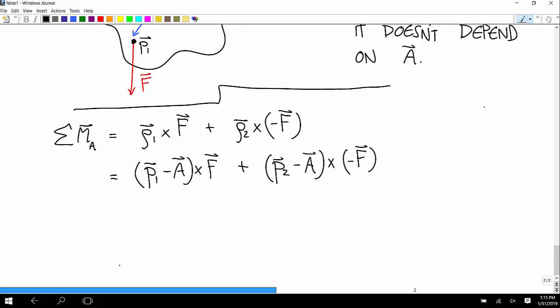Now the cross product, you can distribute this multiplication.